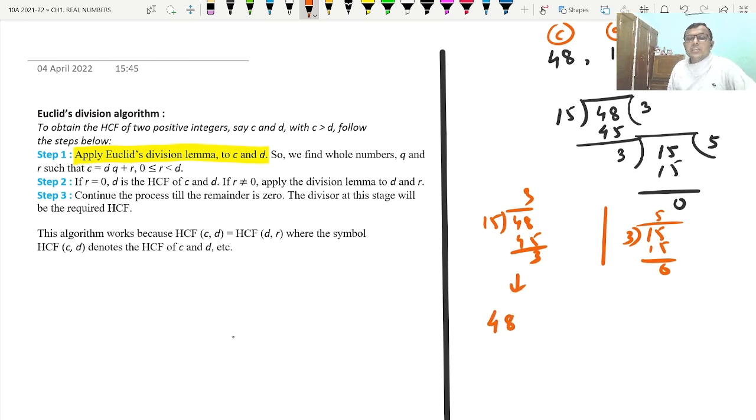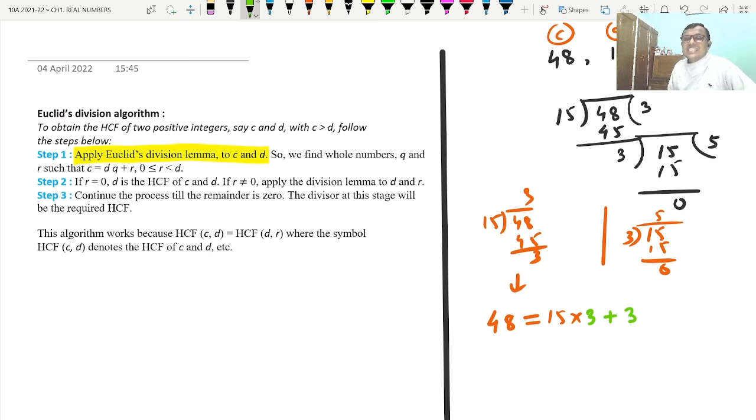So this will give you what? If you write according to Euclid's division lemma, 48 can be written as dividend is equal to divisor into quotient. Quotient is what? 3 plus remainder. Remainder is what? 3. Right?